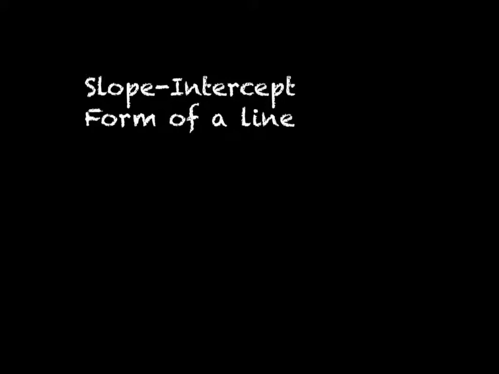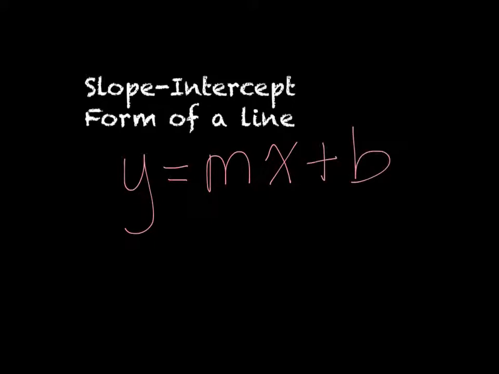I'm going to talk today about slope-intercept form of a line. So this is the first form of a line that I've introduced, and the equation is y equals mx plus b. Okay?